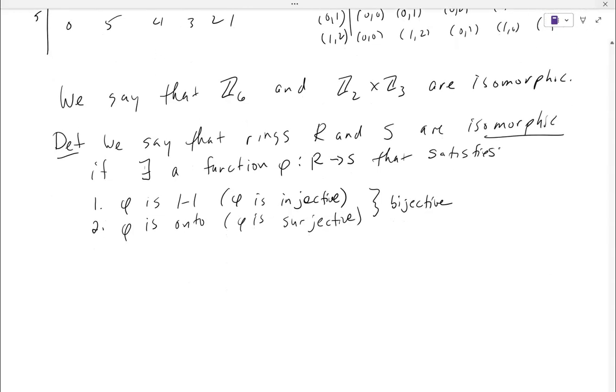All right. So 3 says that if I do the function on A plus B, that is, do the operation in the first ring and then identify the answer with something in the second ring. That should be the same thing as doing the identification first and then doing the operation in the second ring.